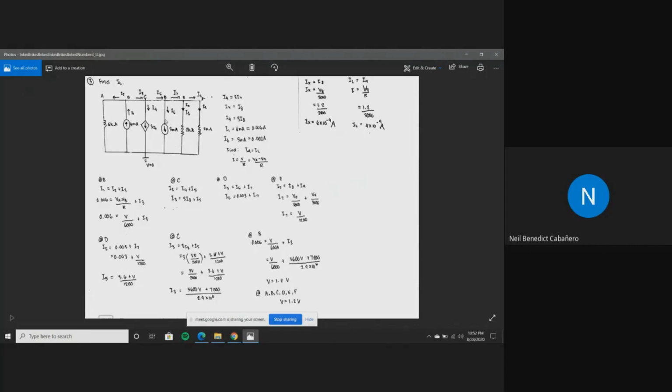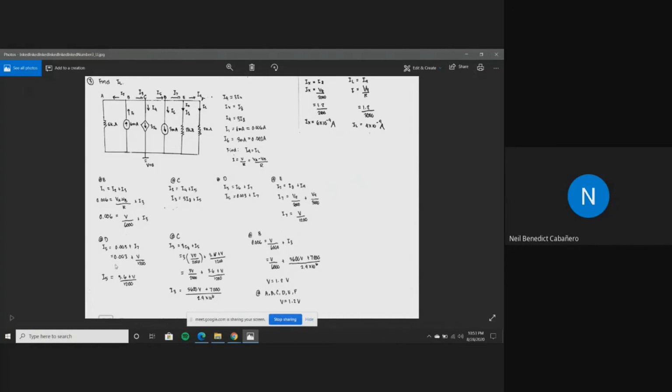So at node D, in order to solve for I5, we substitute the I7 equation. So I5 is equal to 0.003 plus I7. So as we know, I7 is V over 1200.